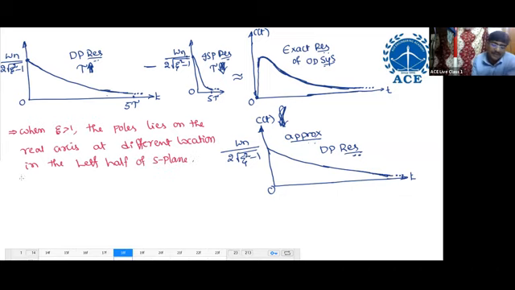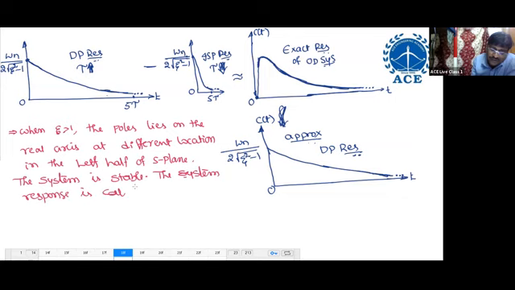The system is stable. The system response is called an overdamped system.